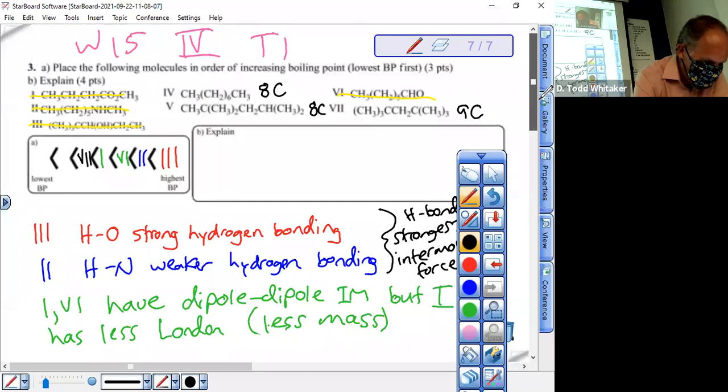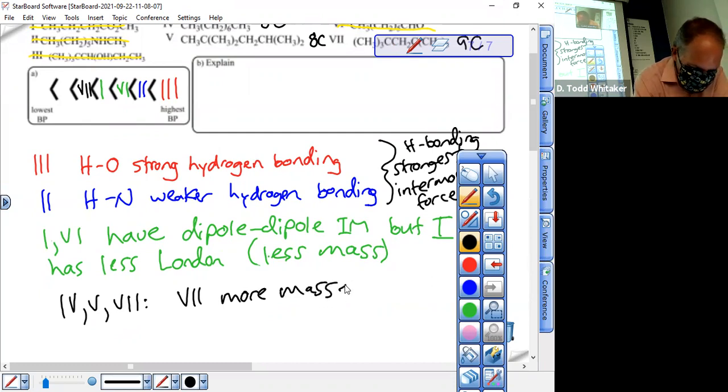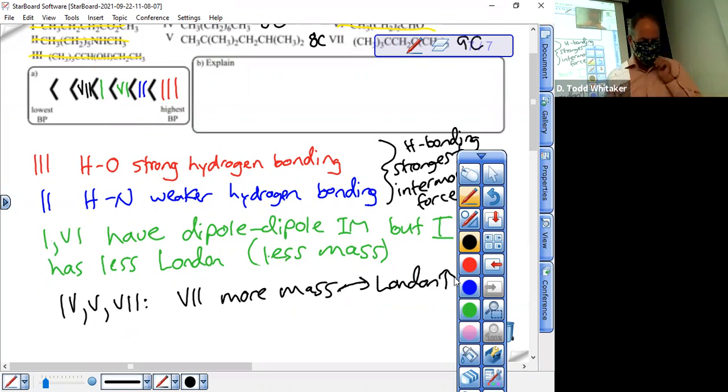We're down to IV, V, and VII. VII, more mass. More mass leads to more London. You can show it like that. I like that. More mass leads to more London. So that's why I put VII at the end of those three.